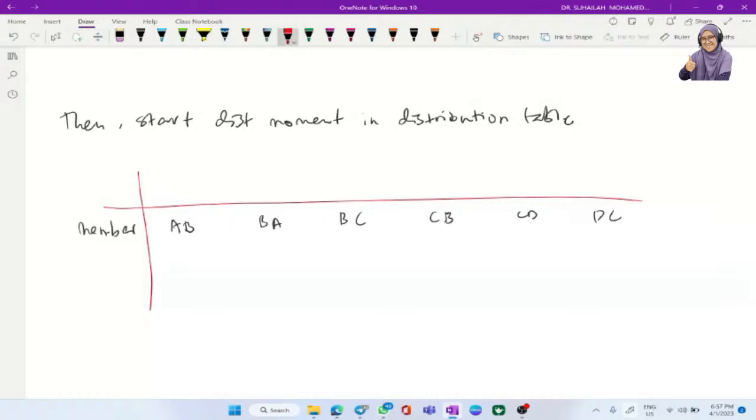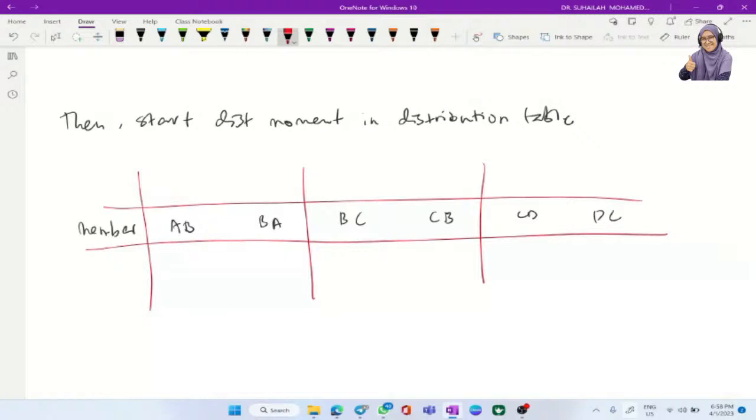The table can be like this. We have member AB, member BC, and member CD. One member has 2 ends, so that is why we will have 6 in total. So the first value that we have to put in the table is the distribution factor.